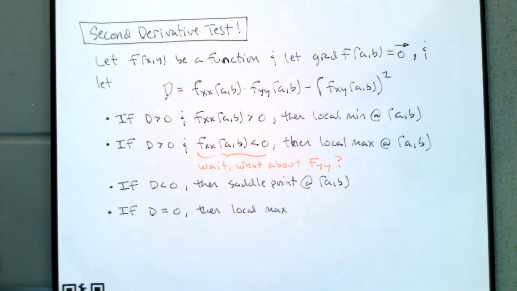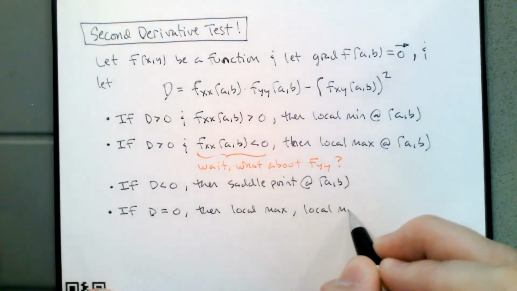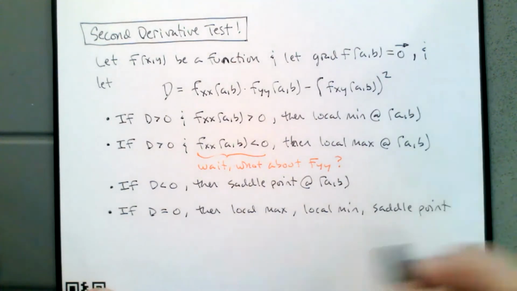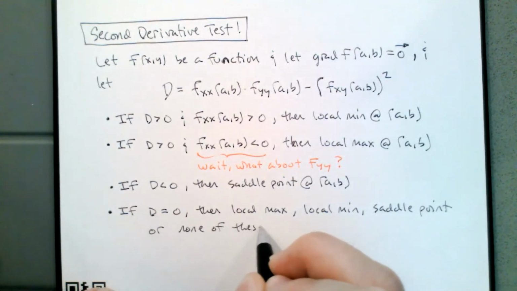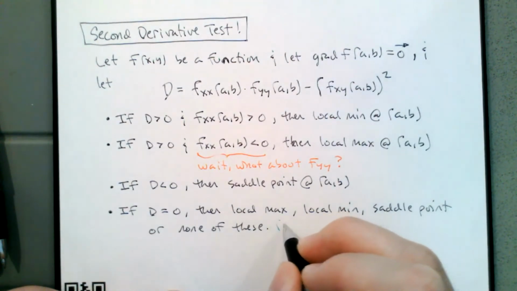If D is equal to 0, then we will have a local maximum, a local minimum, a saddle point, or none of these. That is to say, if D is equal to 0, we don't get to make a conclusion based on the second derivative test. The second derivative test is inconclusive. We have to do something else.